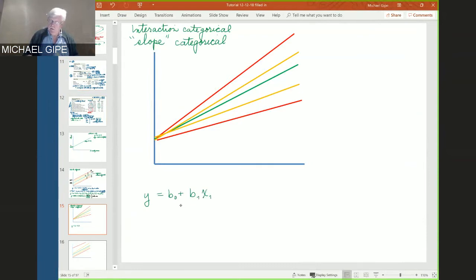That's our continuous part. And then we'll add a categorical interaction where we take X1, the continuous variable, and multiply it by the value of the categorical, and then apply a coefficient to that.